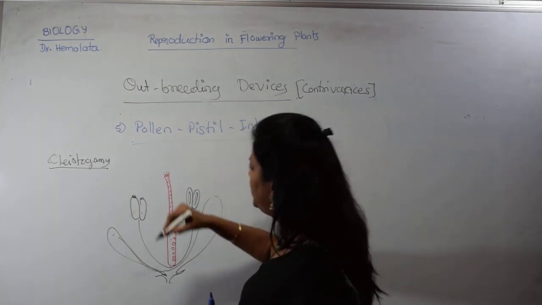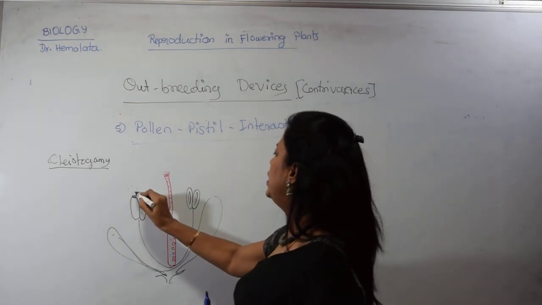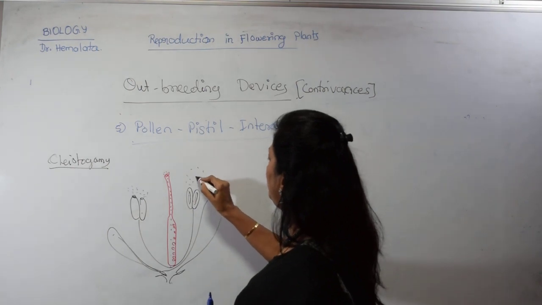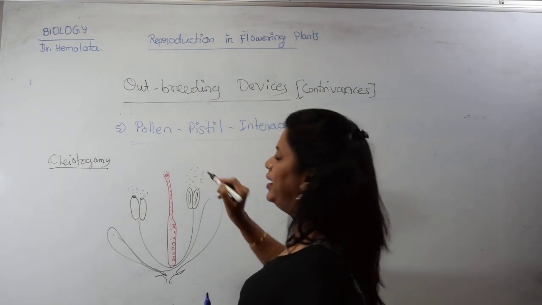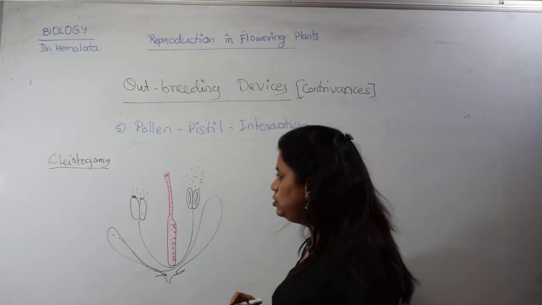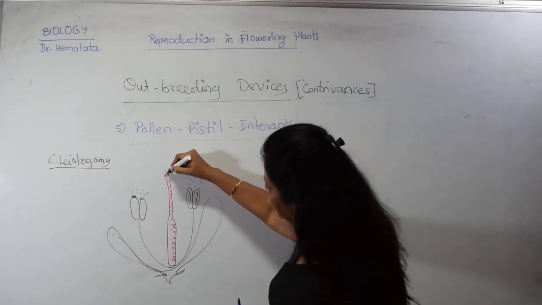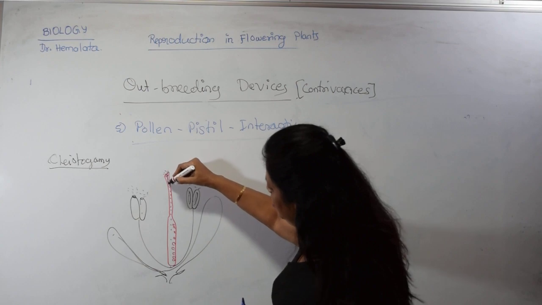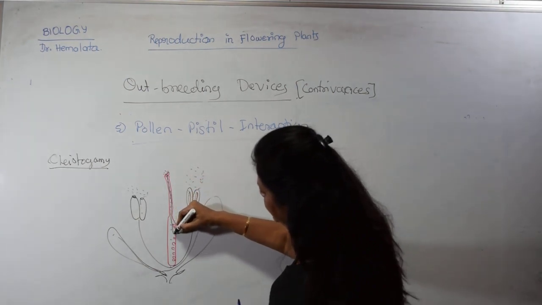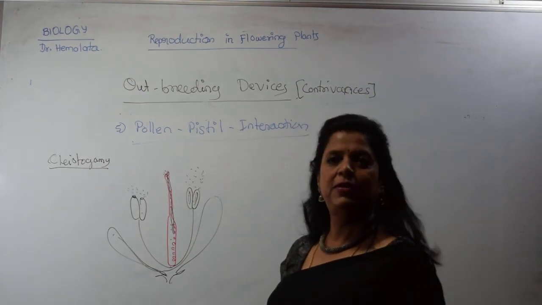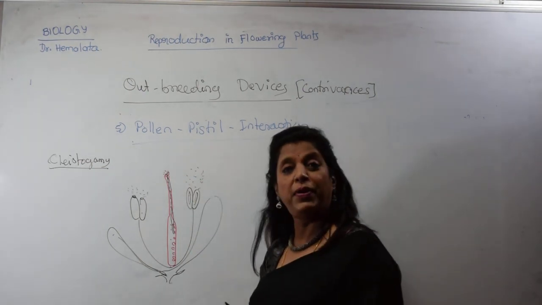There will be small pores present, through which pollen grains come out like a puff, right? Like a puff they'll come out. They form a cloud of pollen grains, right? So this is a pollen pistil interaction. Whenever these pollen grains enter here, they will produce the pollen tube and reach the female gamete.